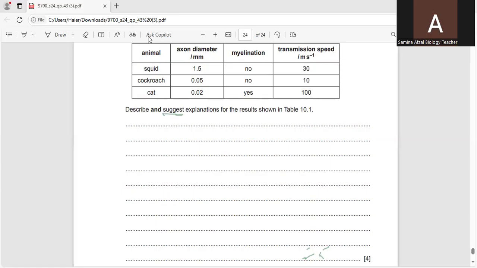So first of all, the description. We can see from this that the myelinated axon of cat has the fastest transmission speed.